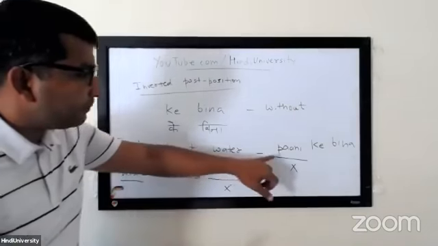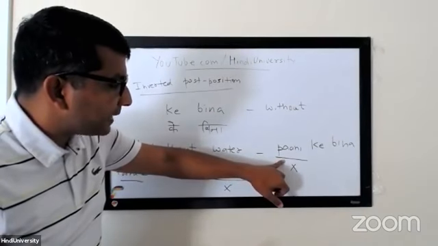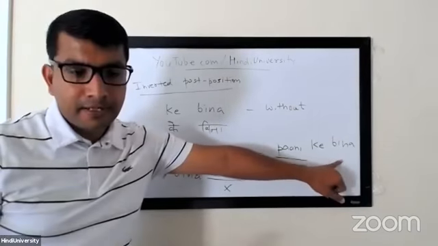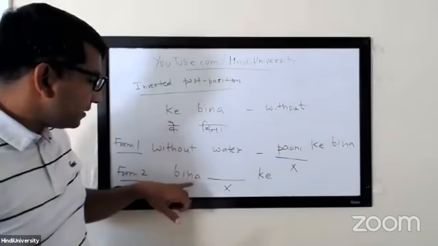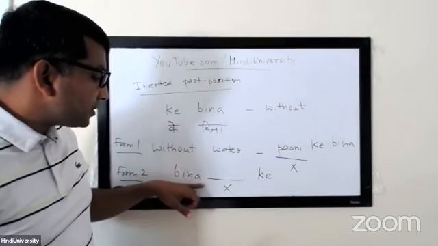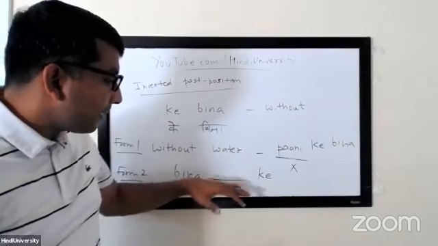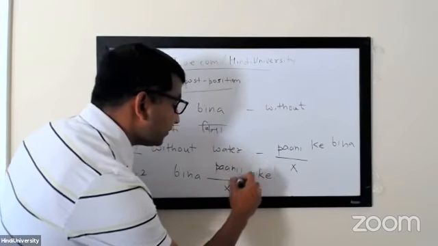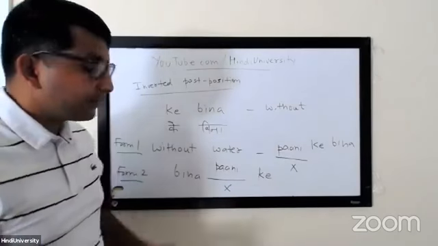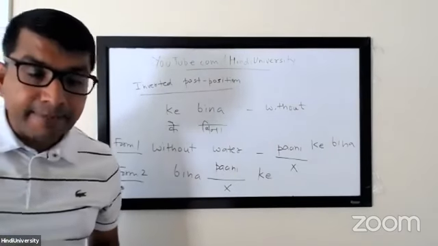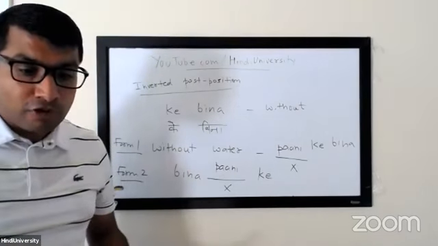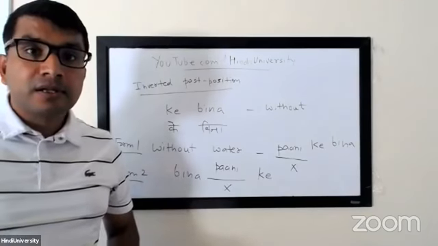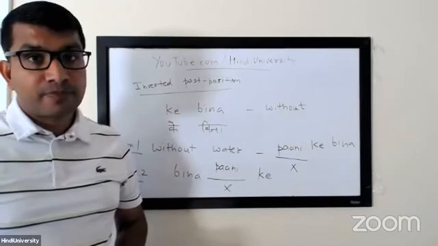So just like you put pani in the first place and said pani ke bina, he's saying you can change the location and you can say bina pani ke. Pani is water. And it still has the same meaning. So even though you change the location of it, that's why they are known as inverted postposition.